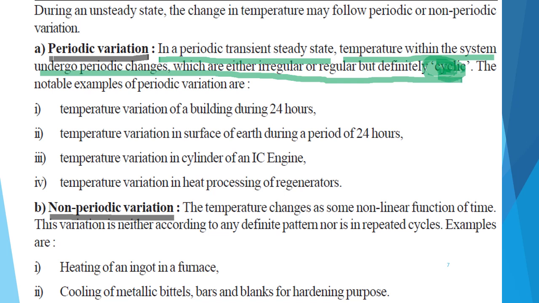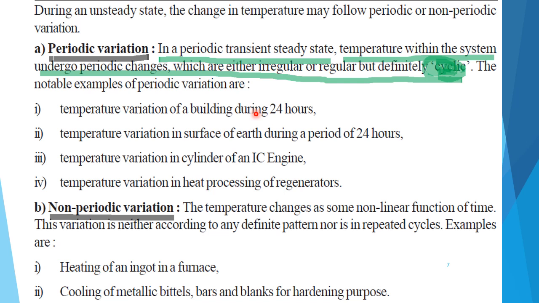The examples we can consider are the temperature variation of a building during 24 hours. From very early in the morning, the temperature of the building wall starts to rise. It is maximum at 12 noon or 1 o'clock. After that, slowly the temperature of the building wall material starts to decrease.